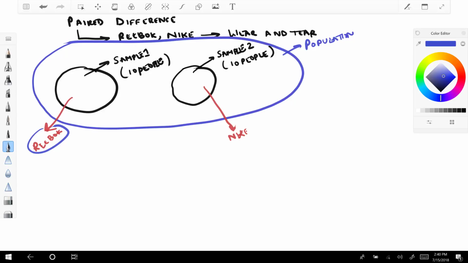So to avoid this problem, what we do is we take each observation. Suppose we have observation 1.